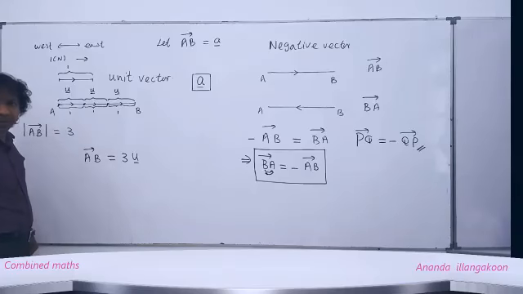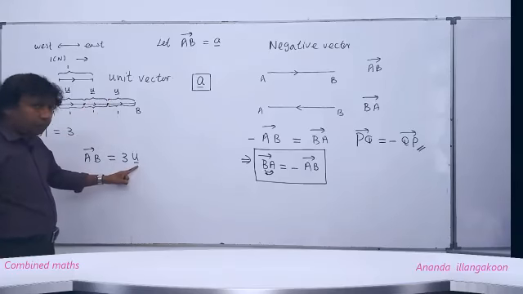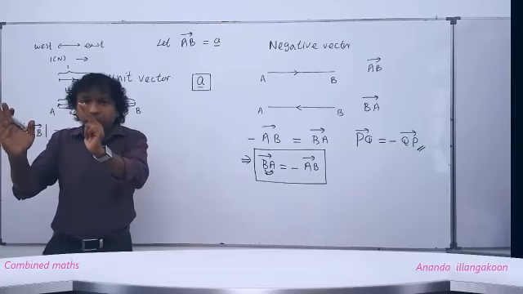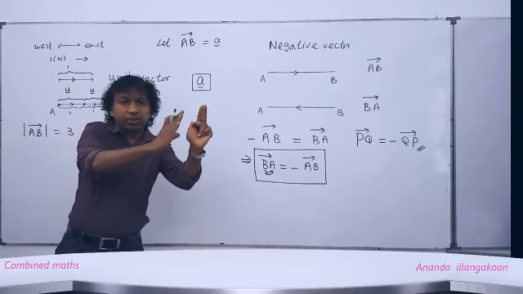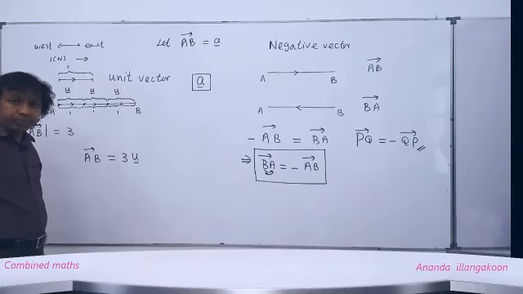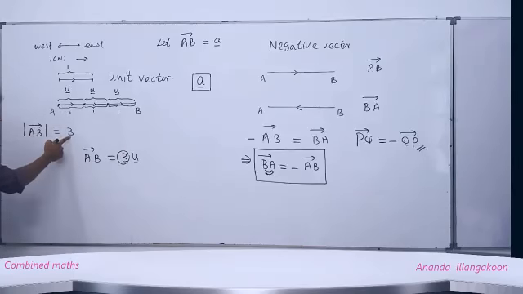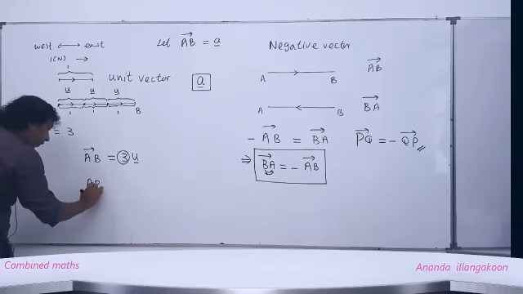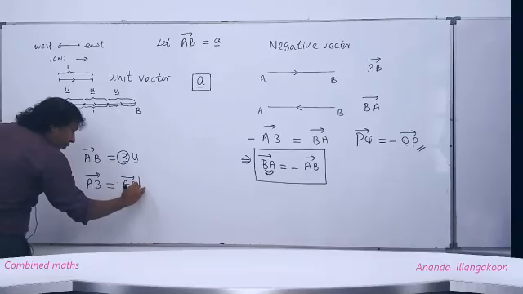Well, obvious thing. We place first U, after that the second U, after that the third U, then the whole line segment is AB, no? Therefore, AB vector is equal to 3U. But what is this 3, people? Here, the modulus of the AB vector. Then I can write it like this: 3 is the modulus of AB vector, times U.